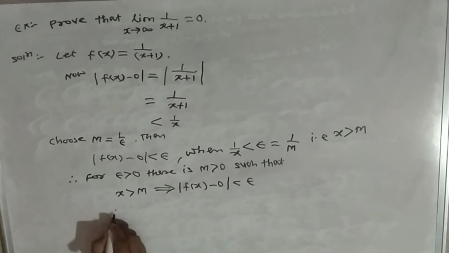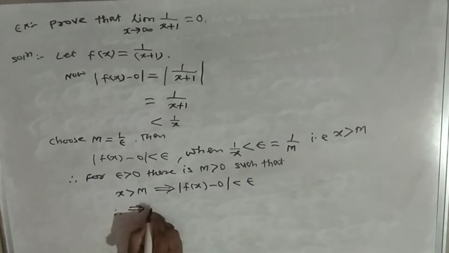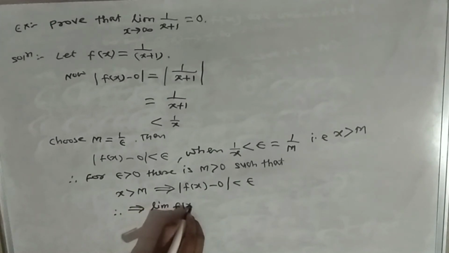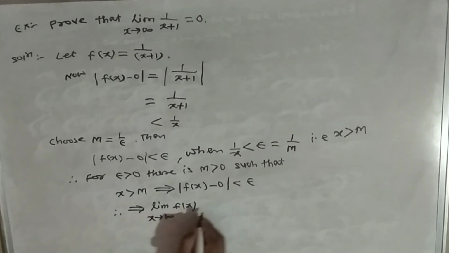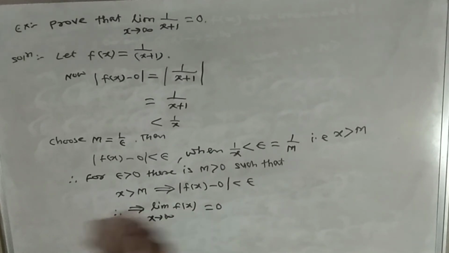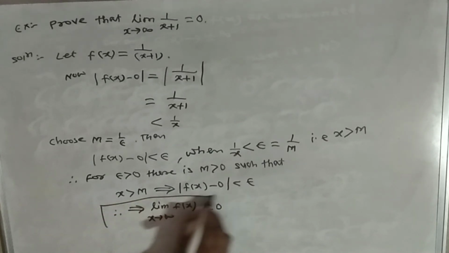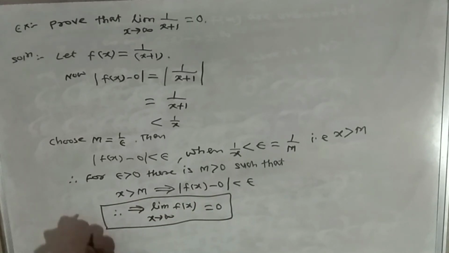And therefore this implies that the limit of the function f of x as x tends to infinity is equal to 0. We proved this. Similarly, we will see the next example.